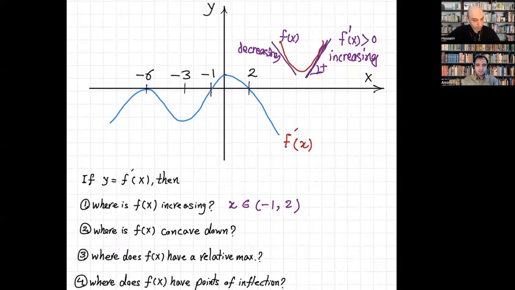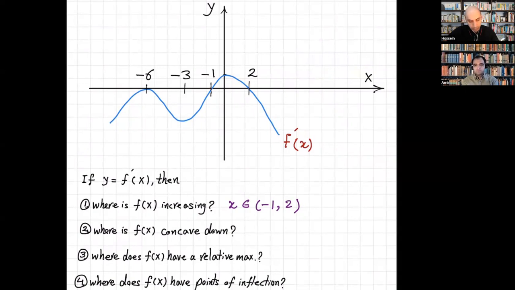The second question: where is f of x concave down? Let me delete what I have here. So f of x is concave down. Concave down means I have a curve like this.